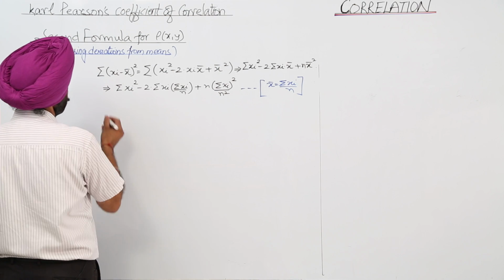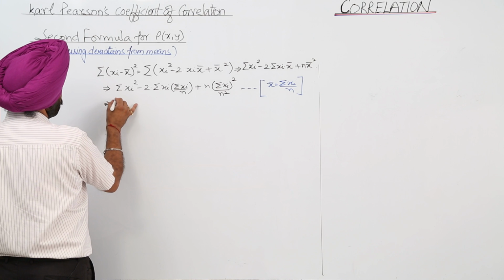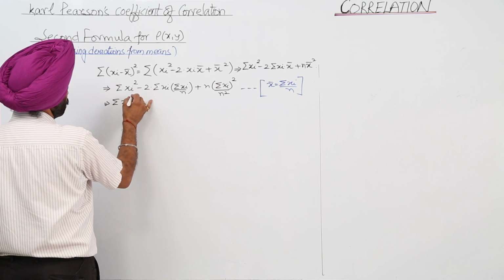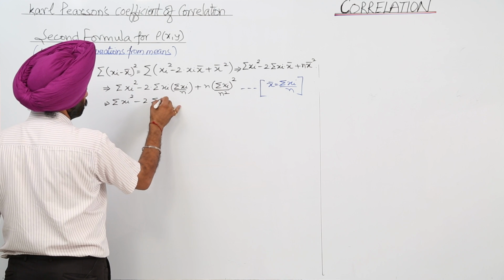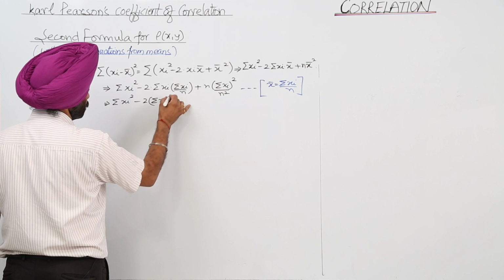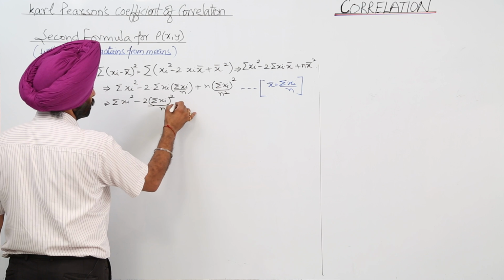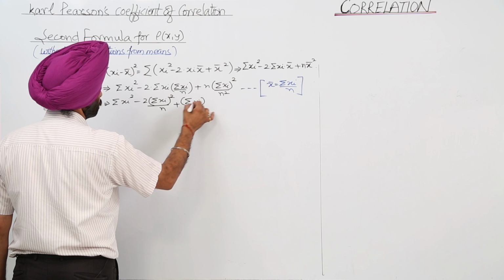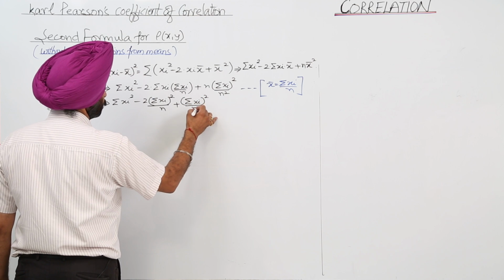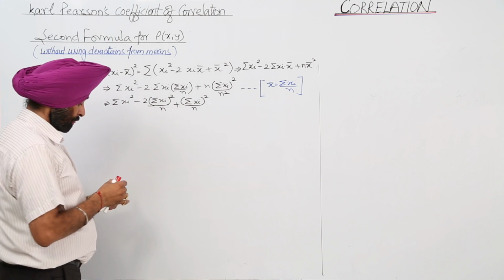So now what we are getting is summation xi square minus twice summation xi whole square upon n plus summation xi whole square upon n.